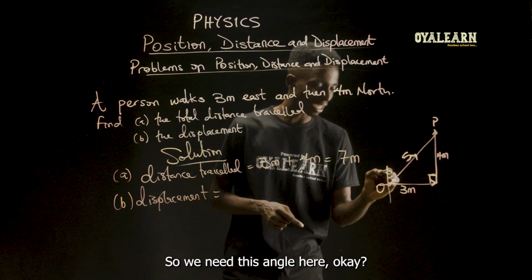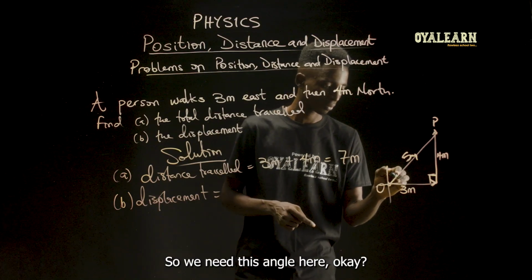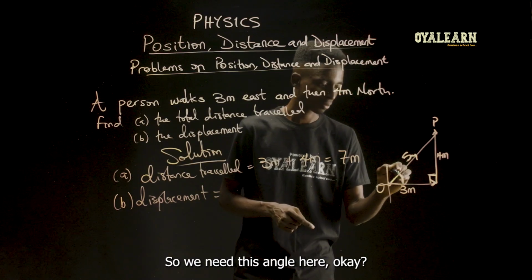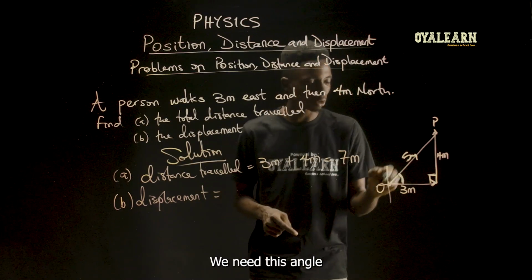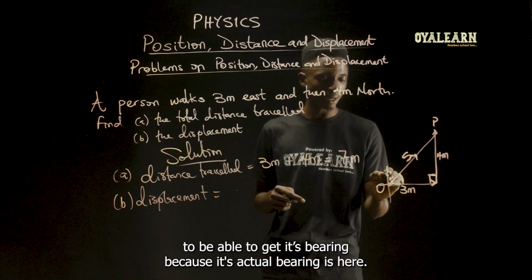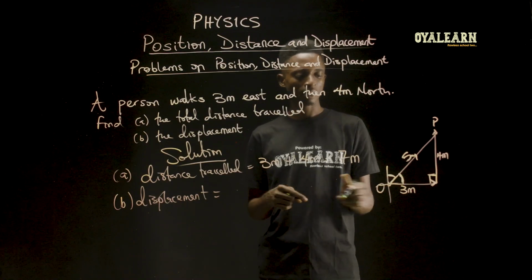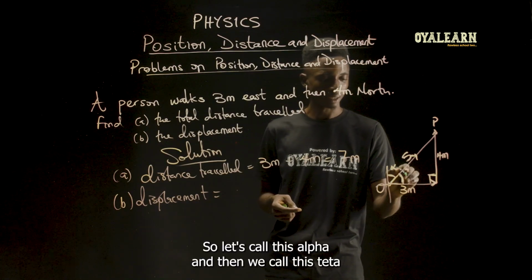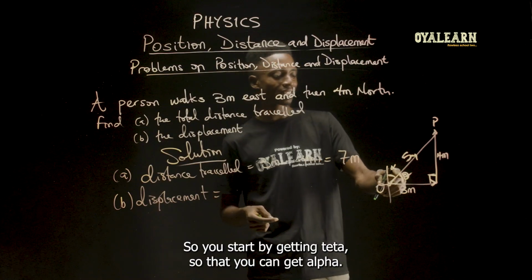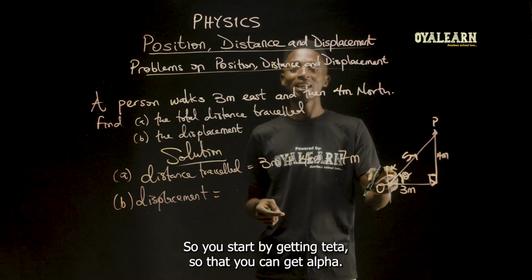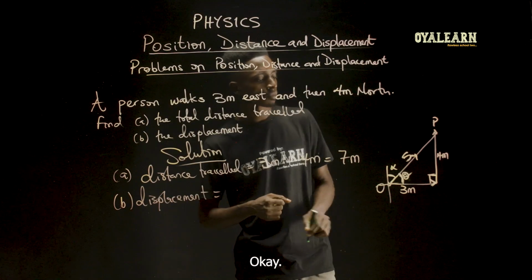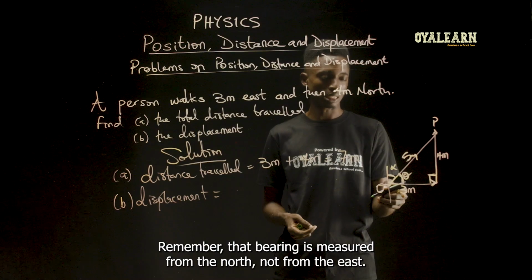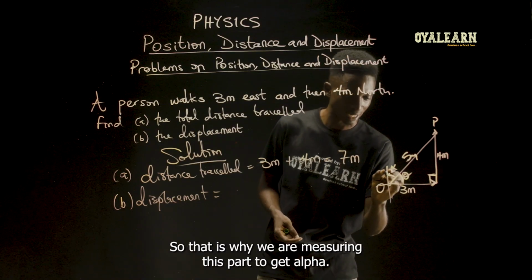So we need this angle here. Okay, we need this angle to be able to get its bearing, because its actual bearing is here. This is the actual bearing. We need this. So let's call this alpha, and then we call this theta. So you start by getting theta so that you can get alpha. Okay, remember that bearing is measured from the north, not from the east. So that is why we are measuring this part to get alpha.